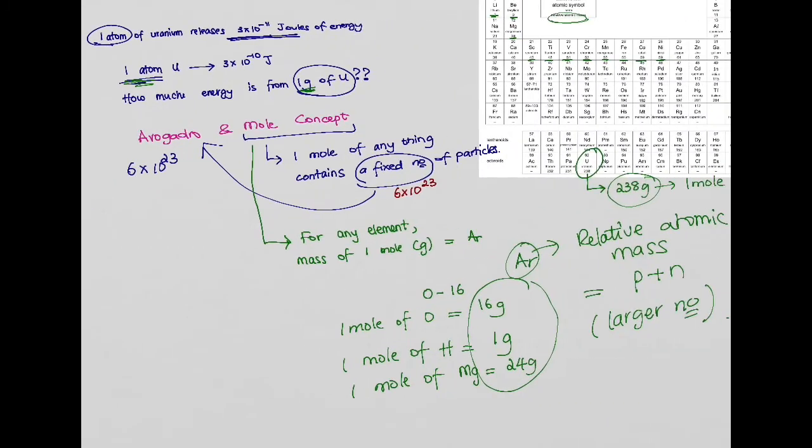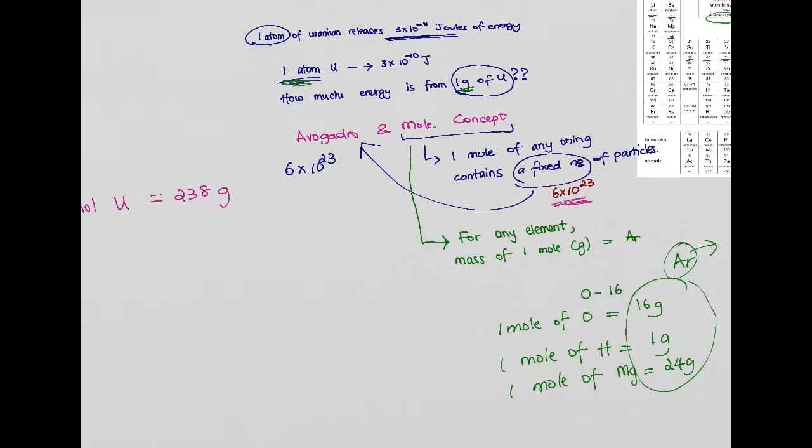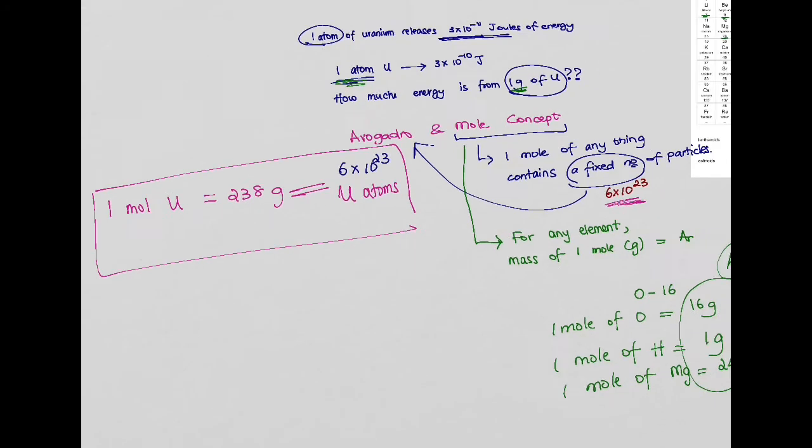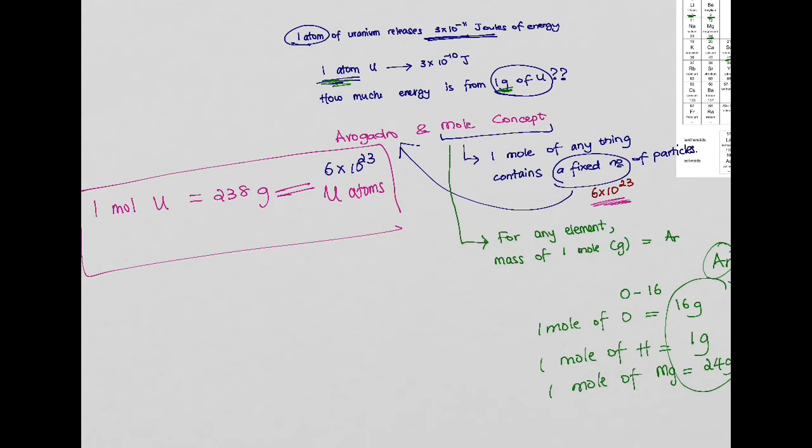Now 1 mole of anything contains 6 times 10 to the power of 23 particles, which means that this contains 6 times 10 to the power of 23 uranium atoms, because the particles in question here are uranium atoms. So you can see how we're converting atoms to grams, and vice versa.